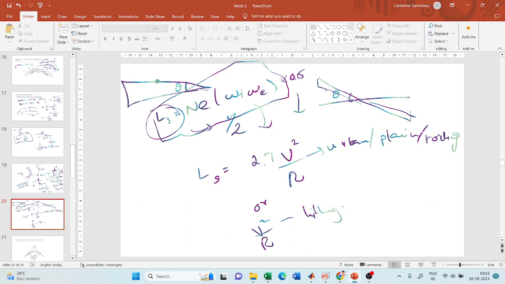Now what will be the final equation? For safety, you have to take the maximum of the three equations as the length of the transition curve. So if you've been asked to find out the length of the transition curve, you should find it based on these three criteria and take the maximum of the three.